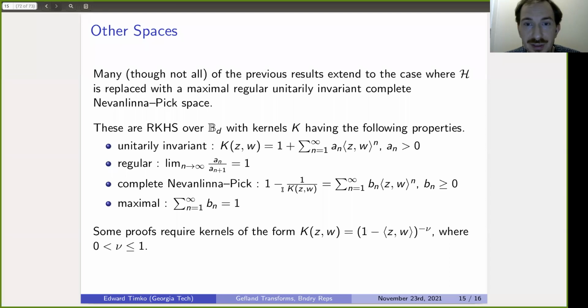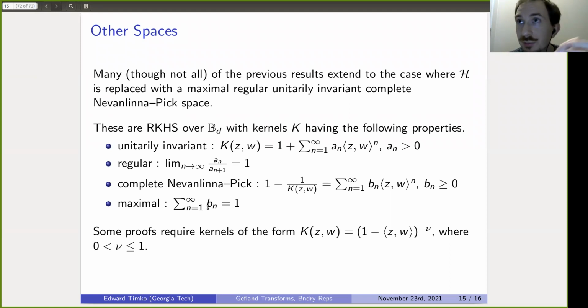Complete Nevanlinna-Pick gives us an additional power series representation for 1 minus the reciprocal of the kernel. And maximal says that the sum of these B's is as large as it can be. They sum up to 1. So many of the results carry over to this context.